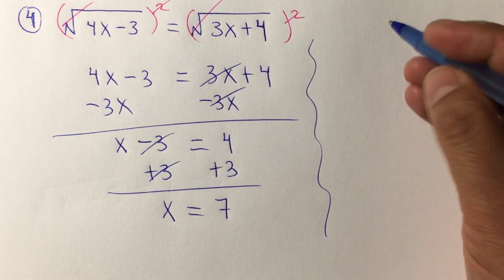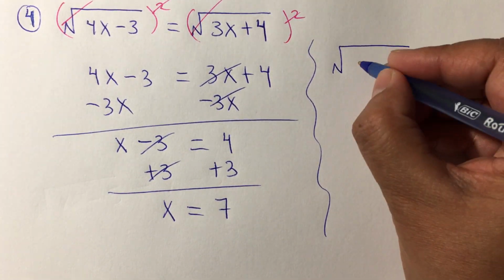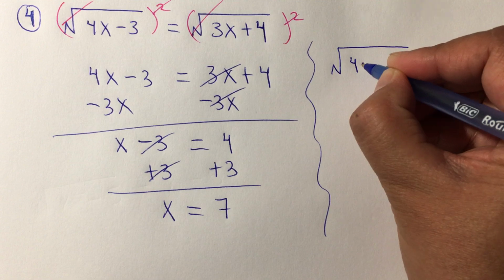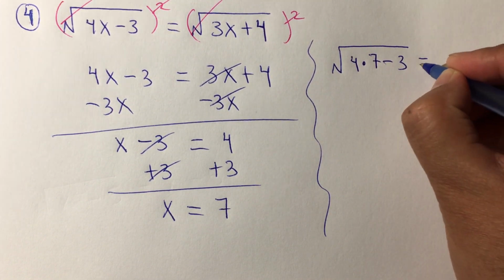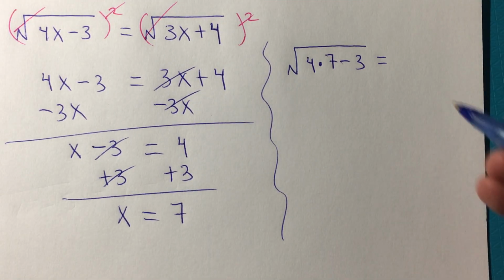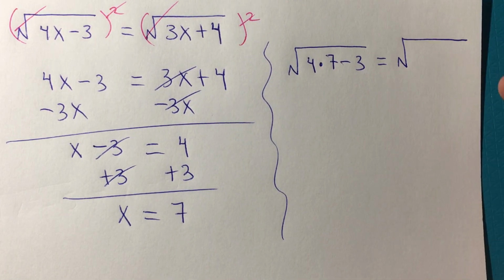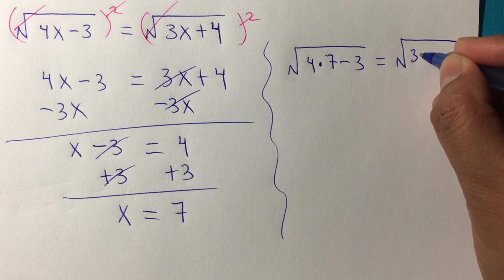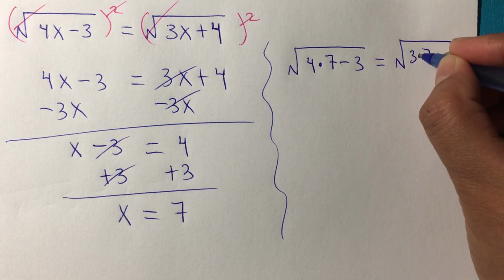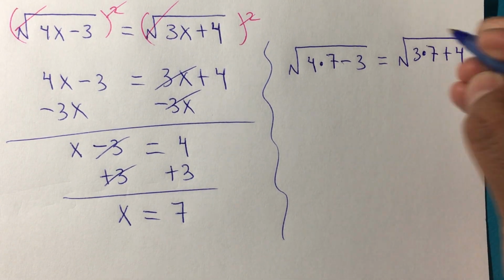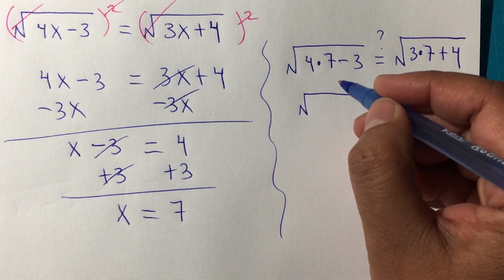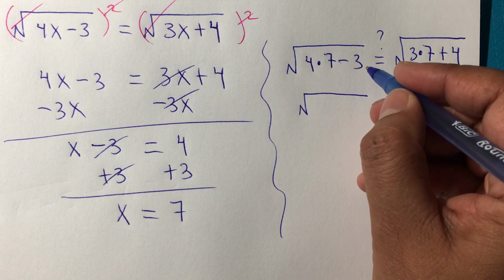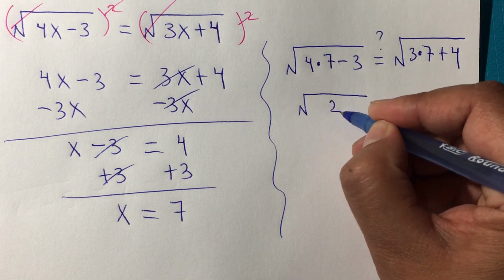Again, we have to check by substituting the x with the 7. So 4 times 7 minus 3 inside of the square root, is that equal to, again, we start with the square root of 3 times 7 plus 4. And so 4 times 7 is 28. 28 minus 3 is 25.